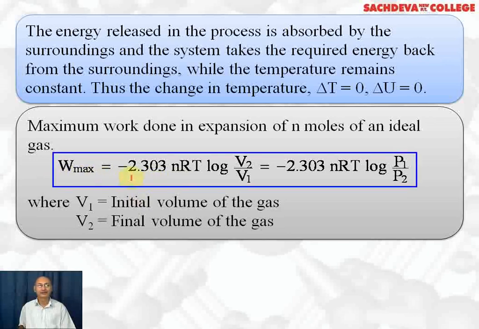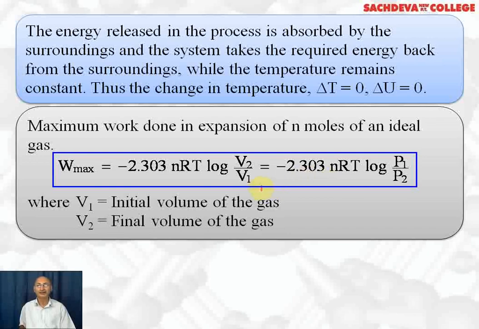So W maximum is equal to minus 2.303 nRT log V2 over V1, where n is number of moles, R is 8.314 joules, T is temperature in Kelvin, V2 is final volume and V1 is initial volume. It can also be equated as minus 2.303 nRT log P1 over P2.